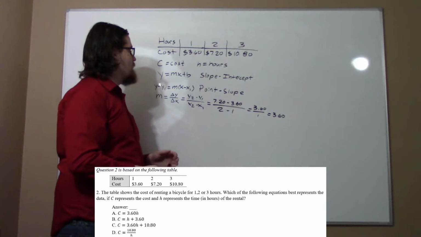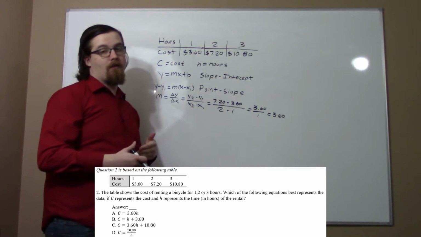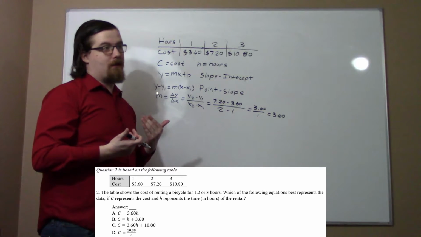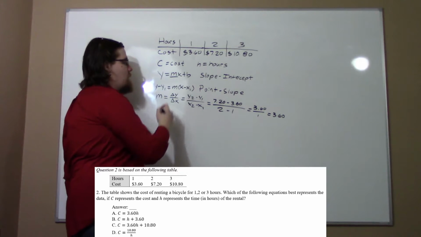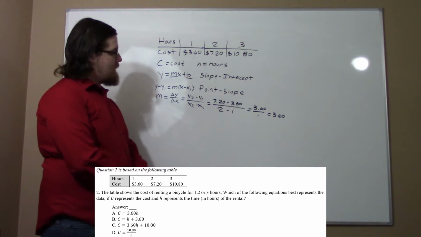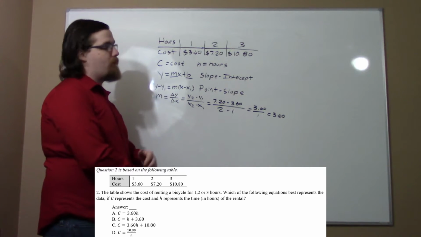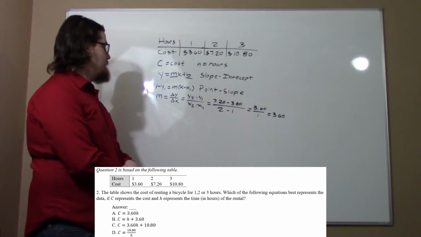Now, we need to plug this slope into one of these equations so that we can determine what the intercept is. So in our slope-intercept form, we have m, which is our slope, and now we need to find b, which is our intercept. Luckily for us, using point-slope form is a surefire way to find that intercept.